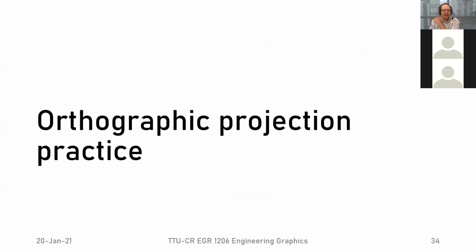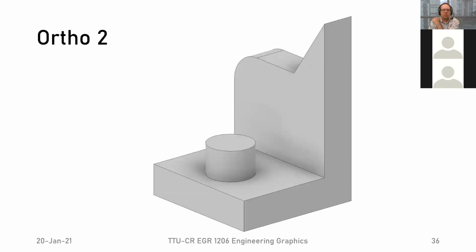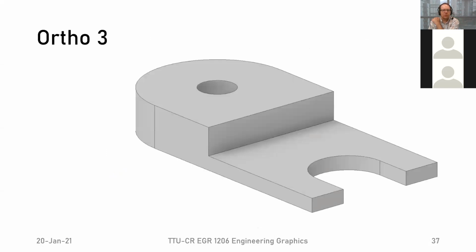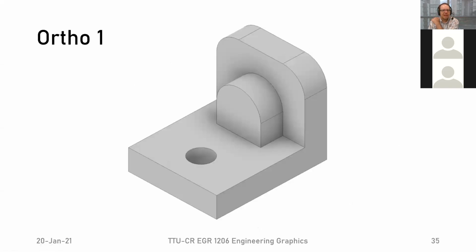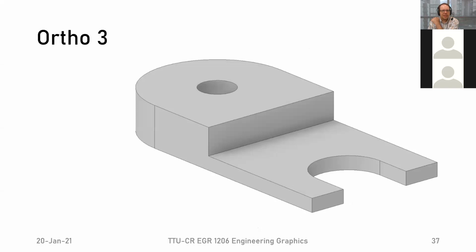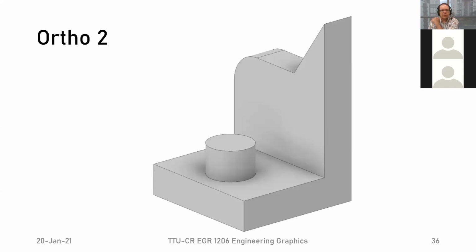All right, so I have three practices for you to do, all on orthographic paper. So it's Ortho 1, Ortho 2, and Ortho 3. Considering we don't have a whole lot of time left in class, let's do 1 and 2.